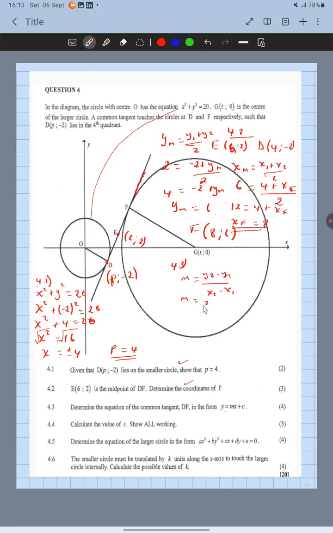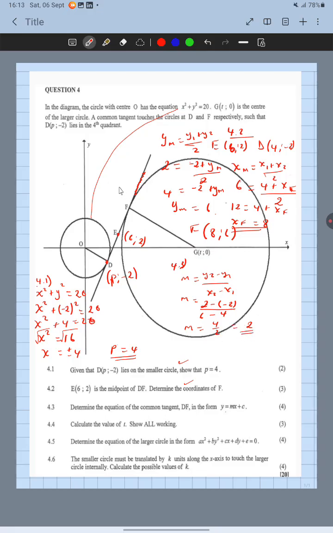Okay, so that will be 2 minus negative 2, all over 6 minus 4, right? It is 4, so our m now becomes 4 over 2, which is 2.